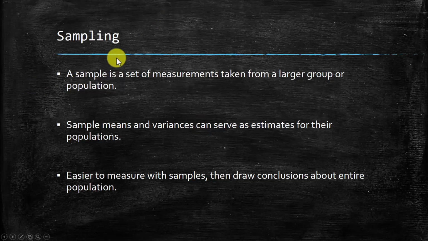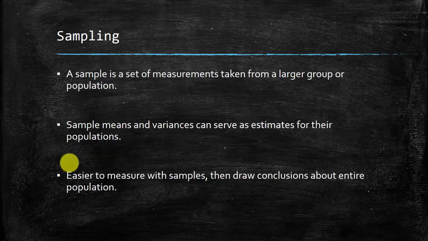So here's some points on sampling. A sample is a set of measurements taken from a larger group or population. So it's a subset of students at the university that are going to be used to represent the entire student population. The sample means and variances can serve as estimators for their populations. Again, earlier on we saw different formulas for population standard deviation, variance, and mean, and then sample standard deviation or mean, sample mean and population mean.